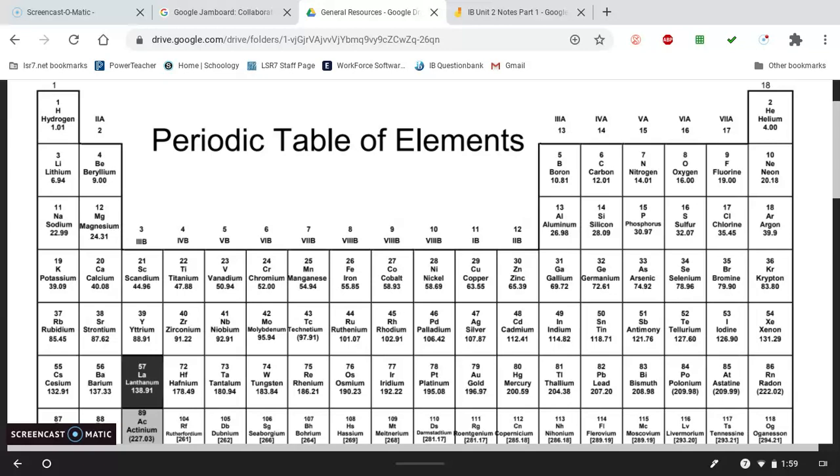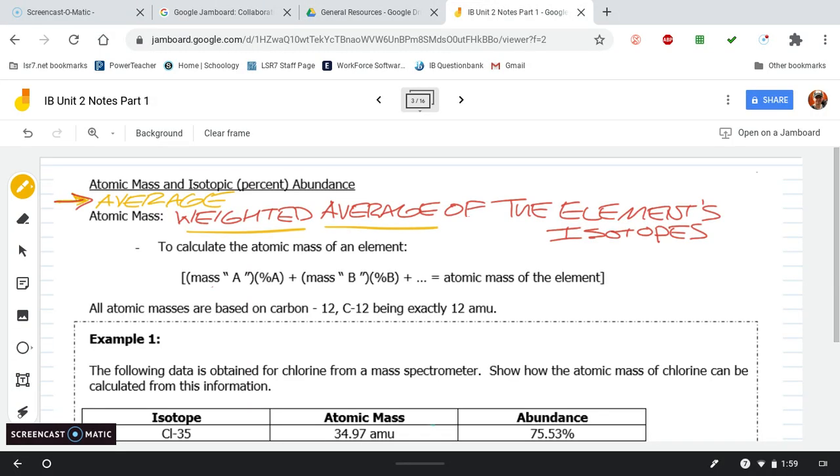And that's because it's taking into consideration things that weigh a little bit more or a little bit less. And so when you take things that weigh 12 and 13 and 14, the weighted average is how often they're found in nature.